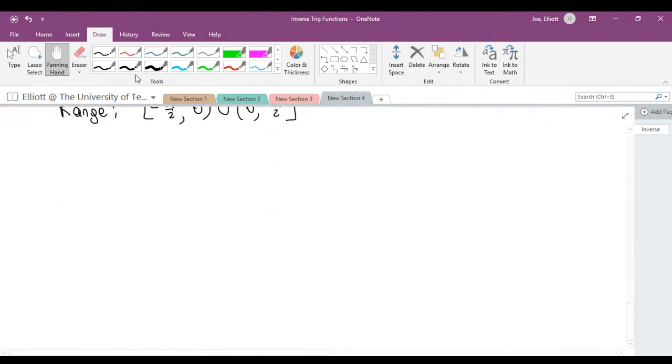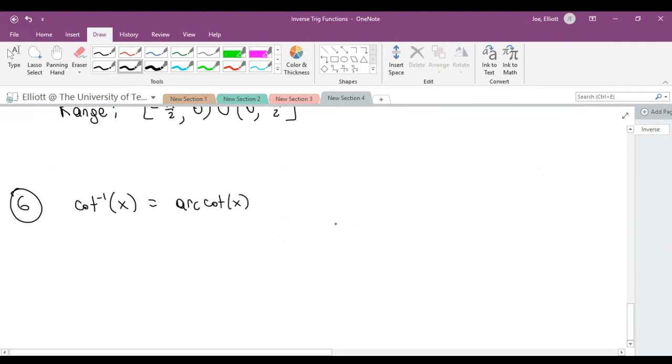All right, and then lastly, we'll talk about the inverse cotangent. So inverse cotangent of x will output the angle theta, for which cotangent of that angle equals x.